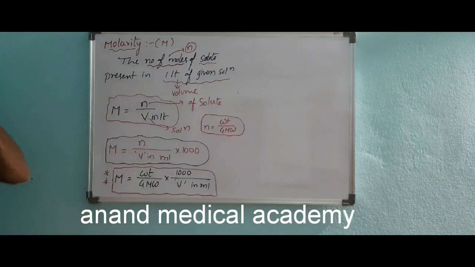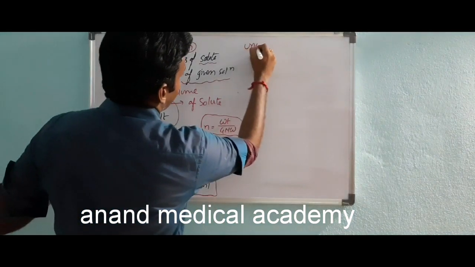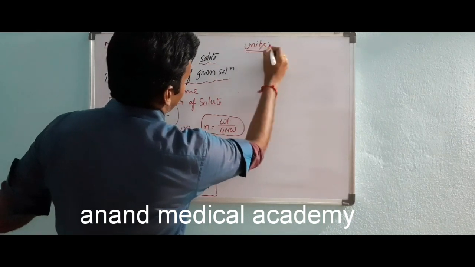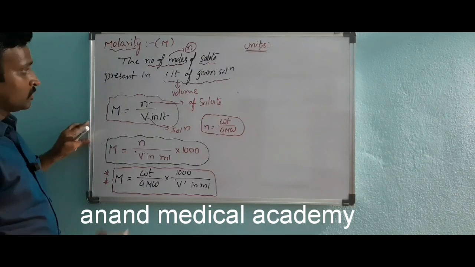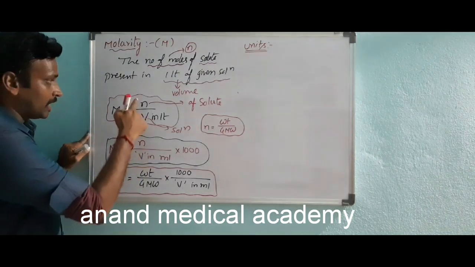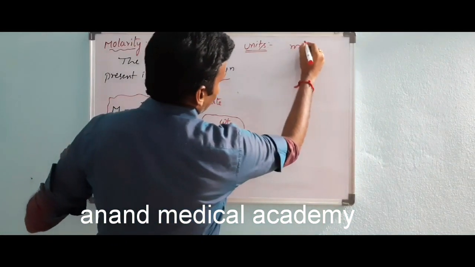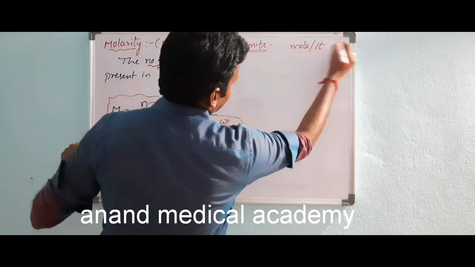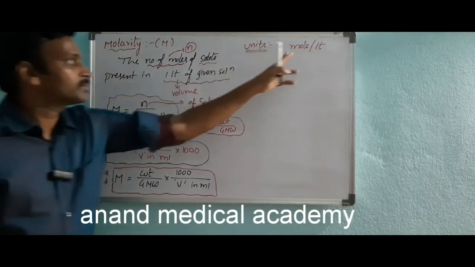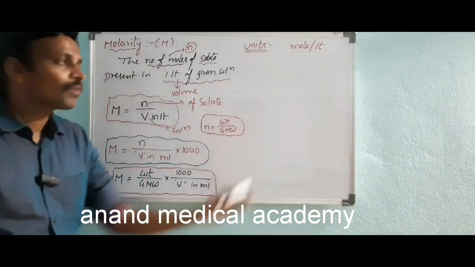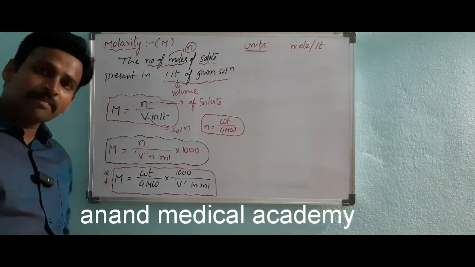And come to the units. What exactly are the units for molarity? In this formula you have n by V. So units, mole per liter you can write. Number of moles per liter, because moles by volume. Volume units: liters or cc or ml or dm cube, meter cube.